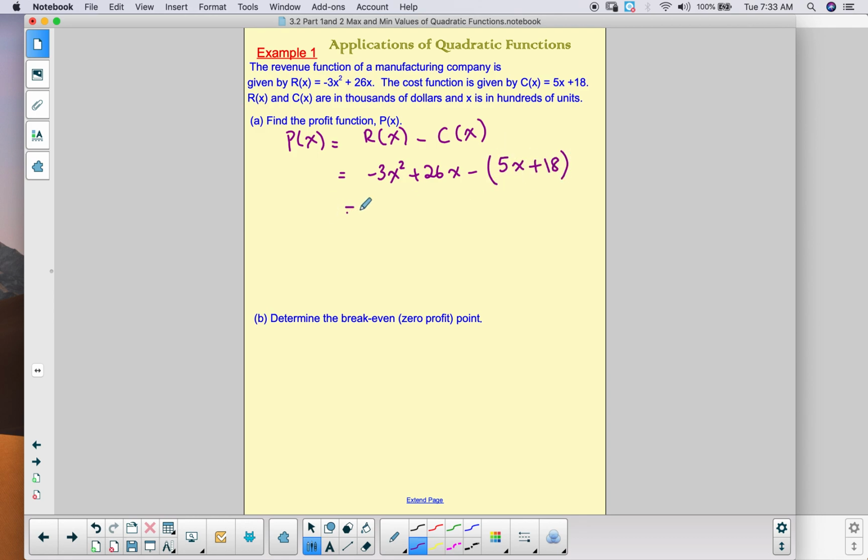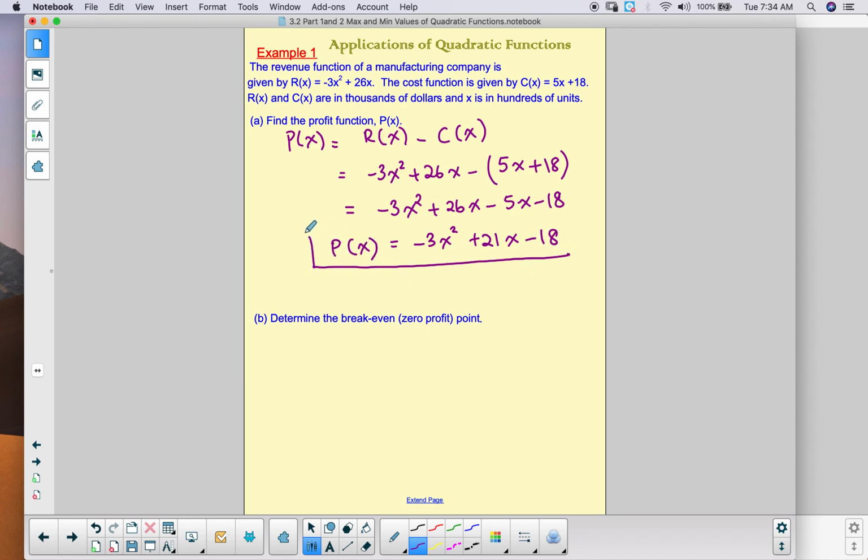So we're going to simplify after opening up brackets, negative 3x squared plus 26x minus 5x minus 18. And that is simplified as negative 3x squared plus 21x minus 18. So that's our profit function that's asked, okay, part A.